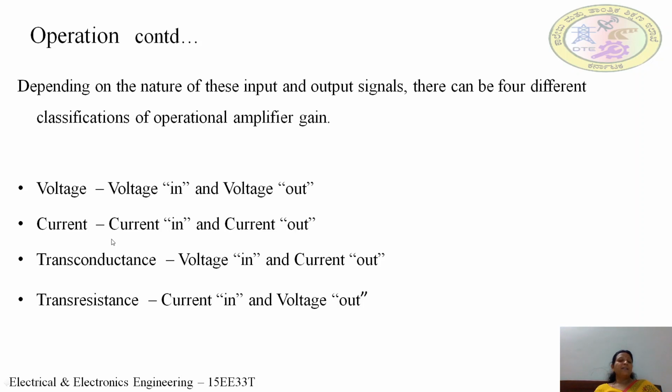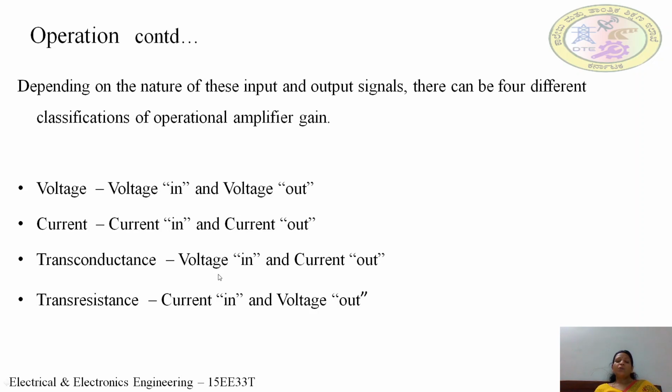If the operational amplifier is amplifying the current signal, that is current in and current out, then the gain would be current gain. Otherwise, it may also be the conversion type of gain, that is voltage in and current out.